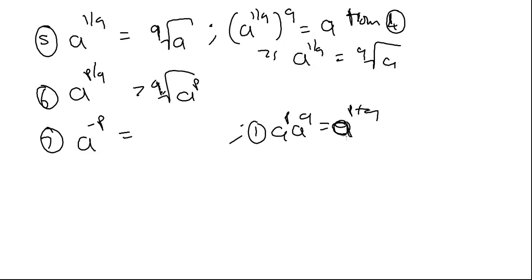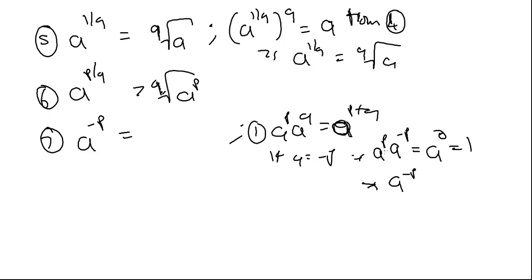So if q is equal to minus p, then we get a to the power of p multiplied by a to the power of minus p. That's going to equal a to the power of 0, since that's p minus p, that's equal to 1. So therefore, dividing both sides by a to the power of p, I get a to the power minus p is equal to 1 divided by a to the power of p.